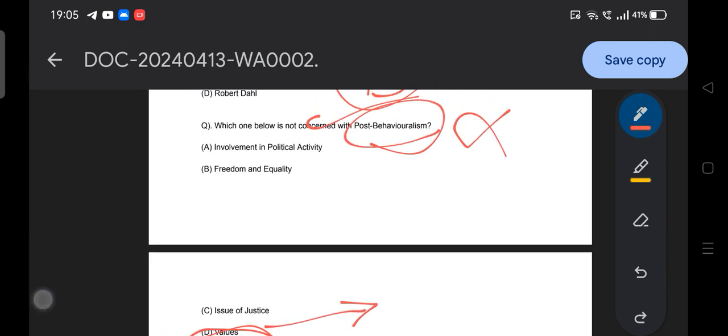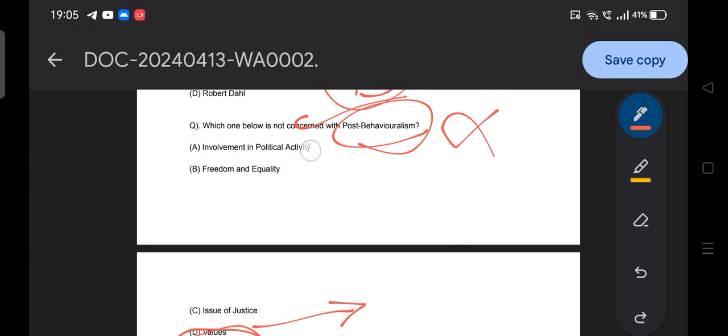Involvement in political activity, like political participation, like the politicization of the profession, is related to post behavioralism. Freedom and equality are related to post behavioralism. If you remember, as I told you in your Kautilya class, equality and rights are contemporary-era concepts.